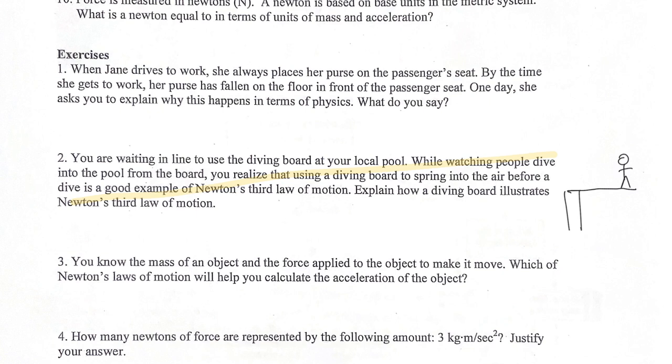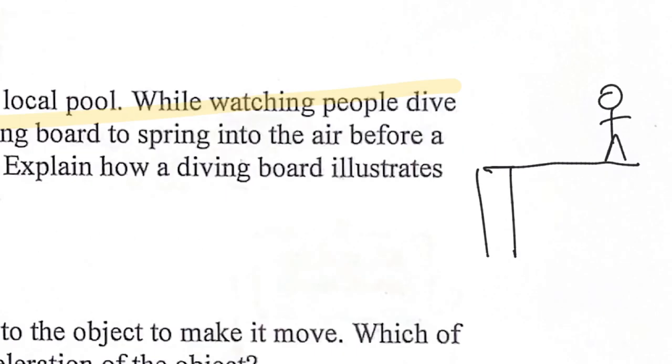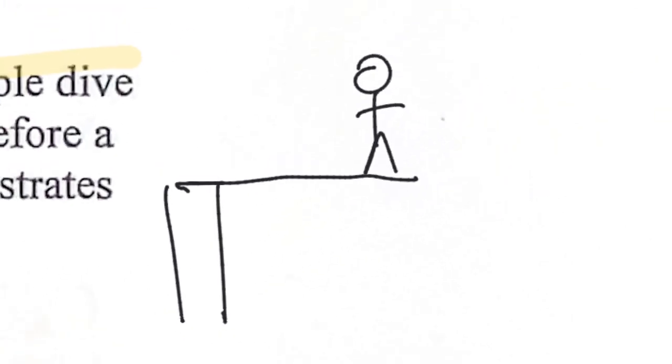When a person jumps up and down on this thing, what happens to the diving board? It springs or moves around. Okay, so you might jump up, and it will bend. Right? The idea is that when you push down on it, a force is acting back upwards on you, right? Pushing you up. Okay?